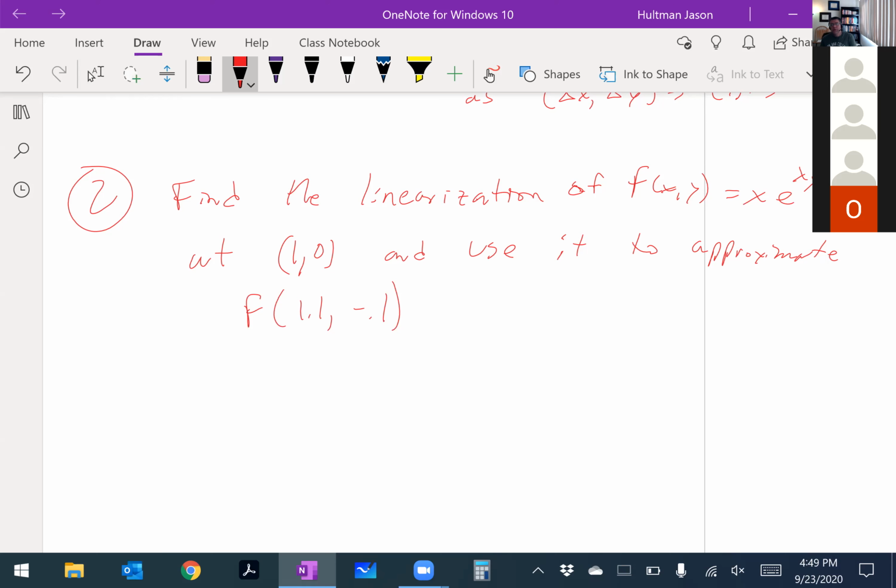Okay, so we know that a is equal to 1 and b is equal to 0. So we want to do the linearization of this thing.